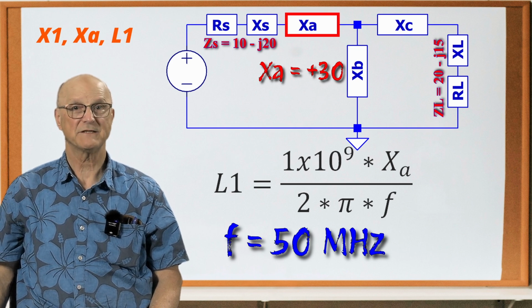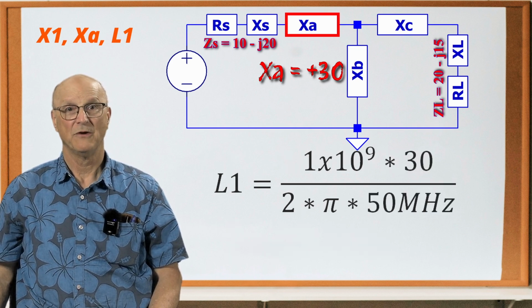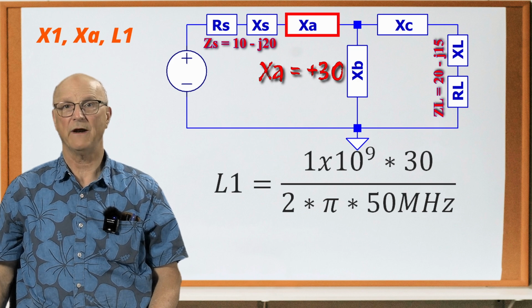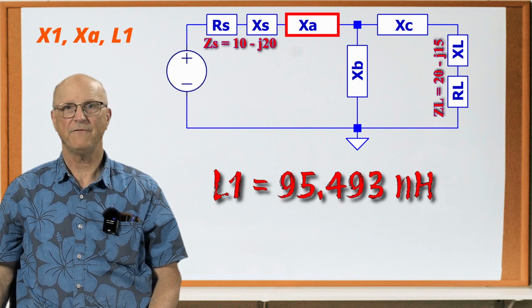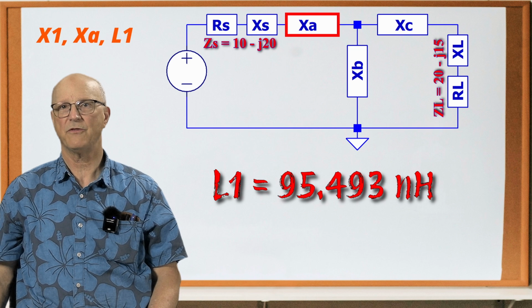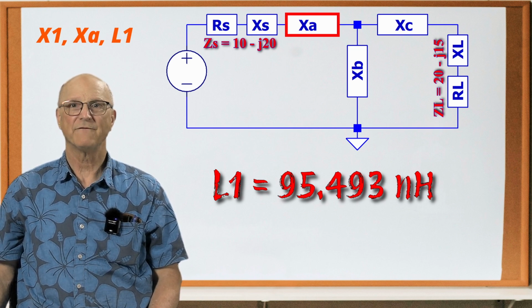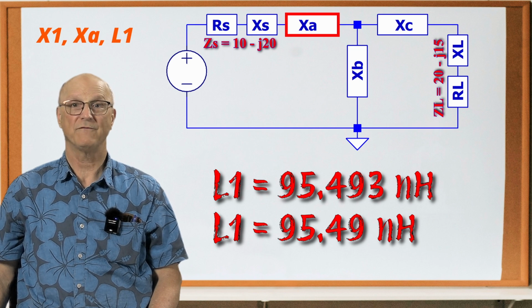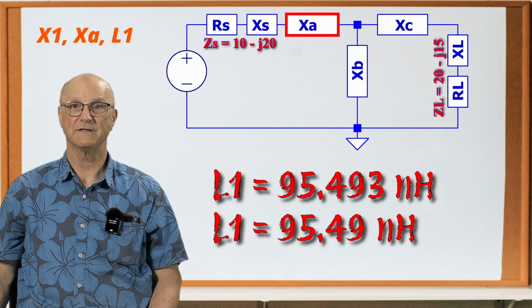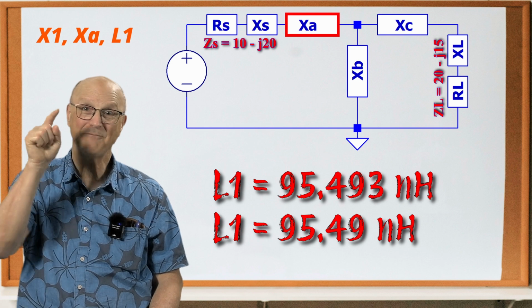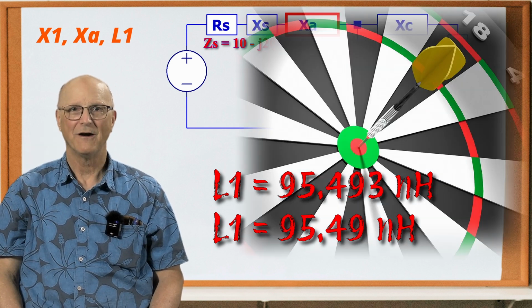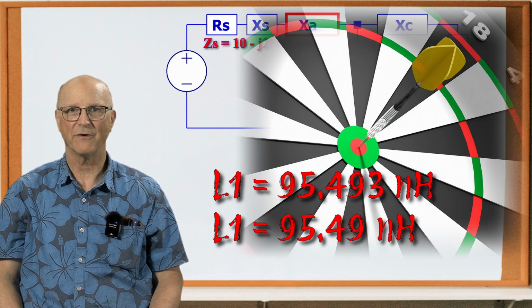And this gives us, well, this, which yields a value for L1 of 95.493 nanohenries. When we used the Smith chart, we got a value of 95.49 nanohenries. We have an exact match.